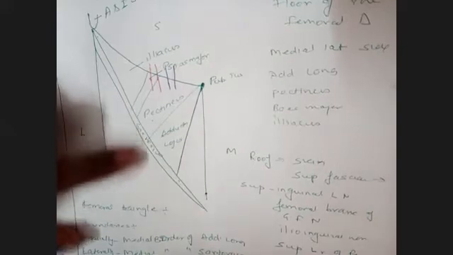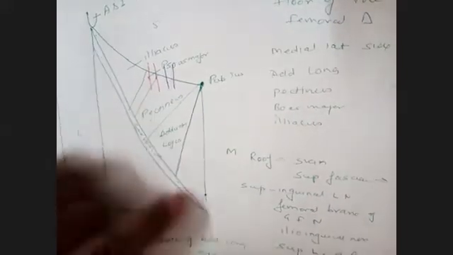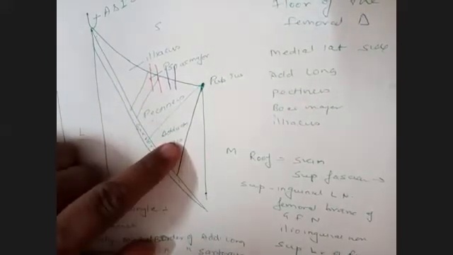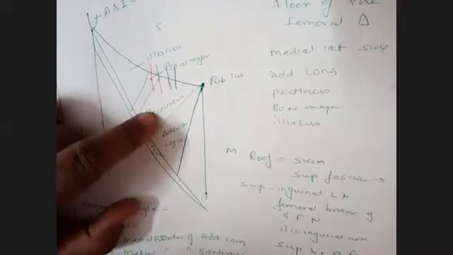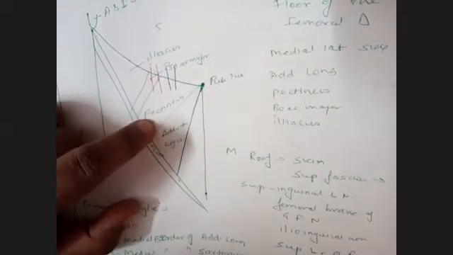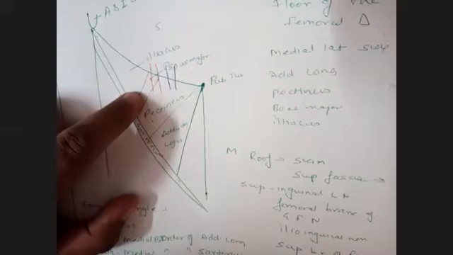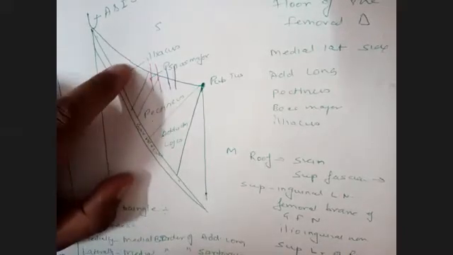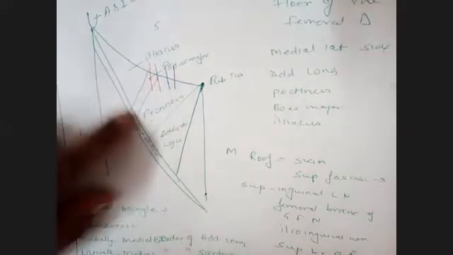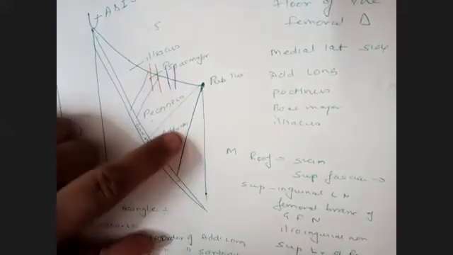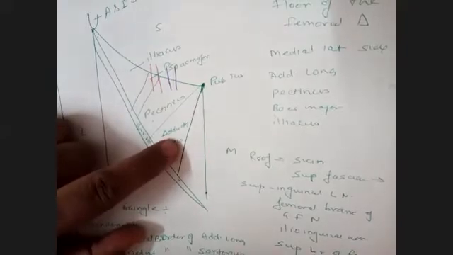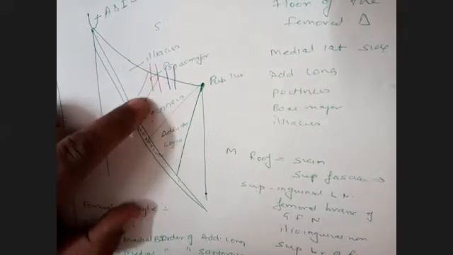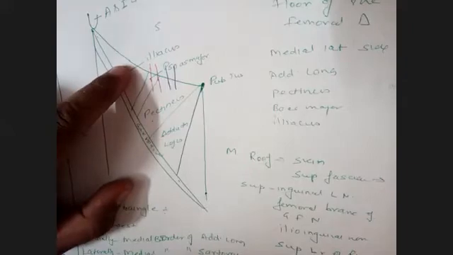Above the sartorius are four muscles: adductor longus, which is an adductor and a long muscle, pectineus, psoas major, and iliacus. So sartorius is a diagonally running muscle, and above that are four muscles: adductor longus, pectineus, psoas major, and iliacus.